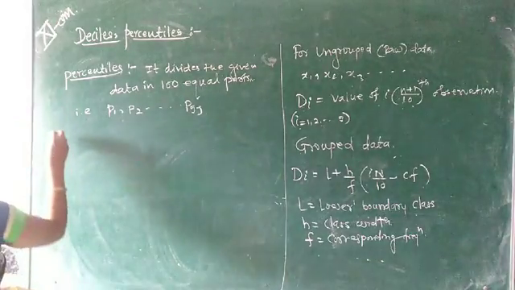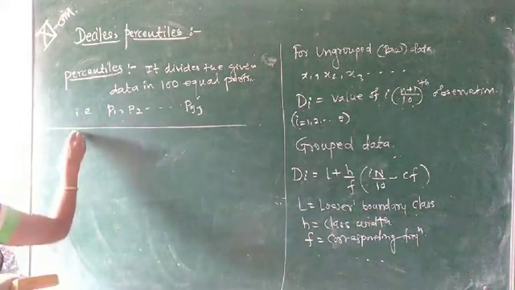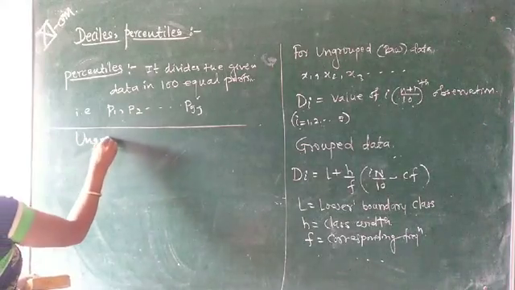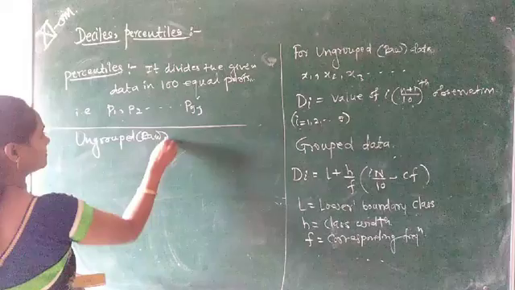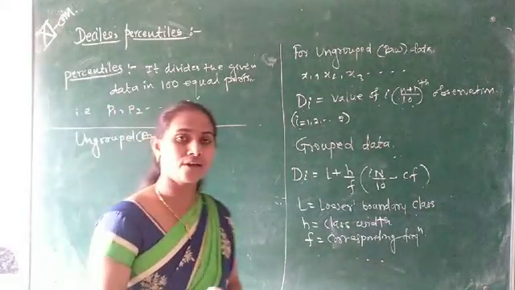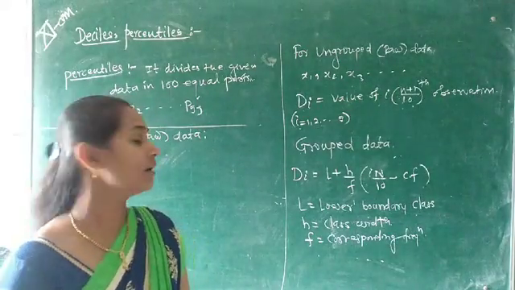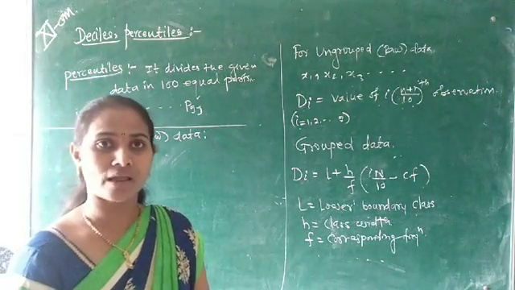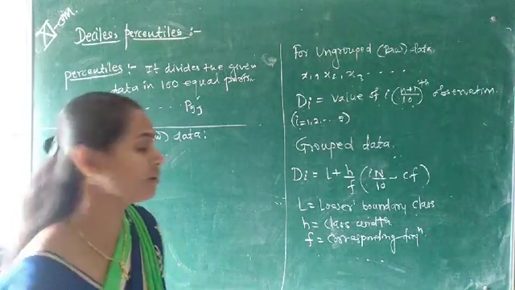Now here again we are taking the formula for percentiles. Again it is for ungrouped or raw data. First, if you have to find any value, be it quartiles, percentiles or deciles of raw data, you first have to write all the observations or your given data in ascending order.